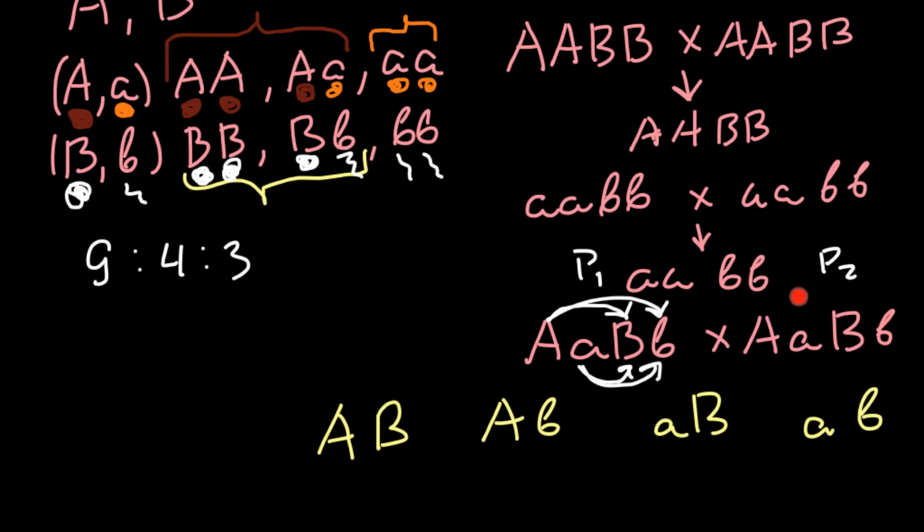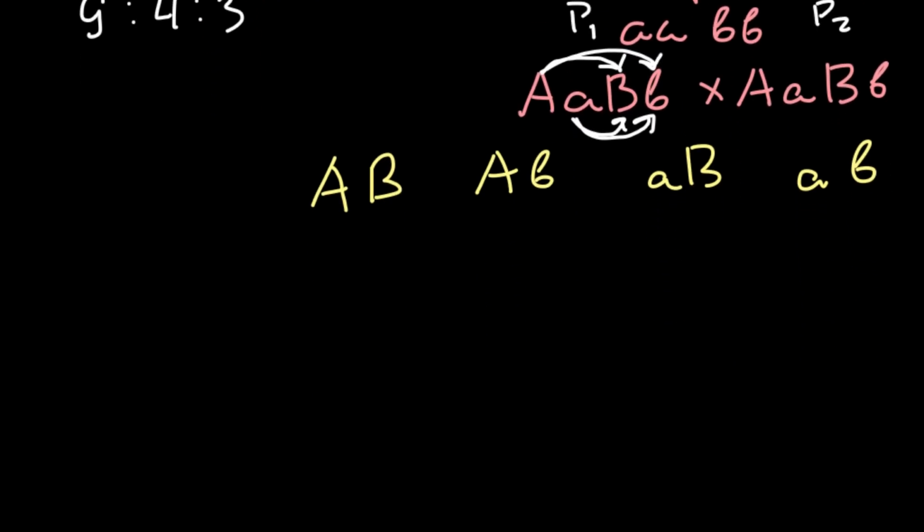And the second parent, which has the same genotype, would also produce the same types of gametes, because the genotype is the same as parent 1. We may say that this side would be the male gametes and this side would be the female gametes, and gametes are haploid. So if here we see 4 alleles, in gametes we would see only 2 alleles, because gametes are haploid.